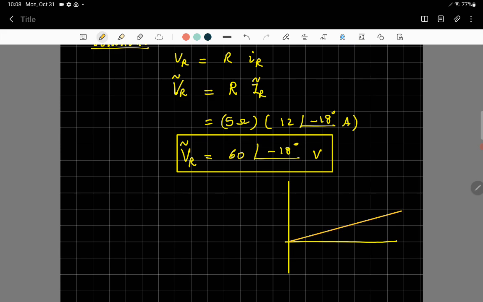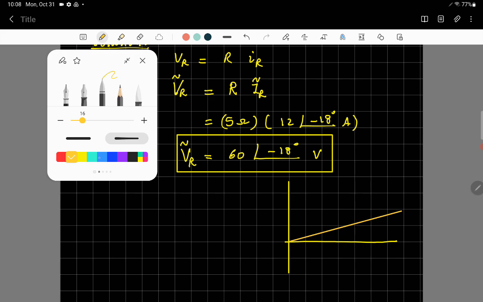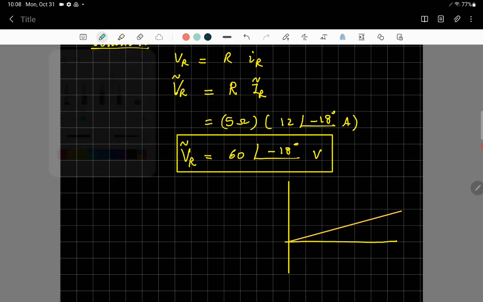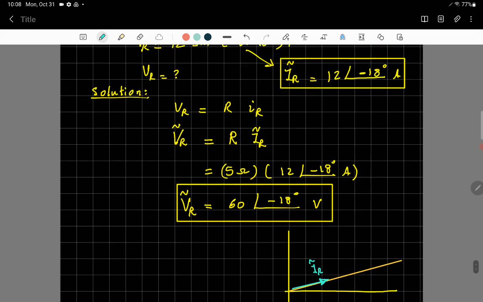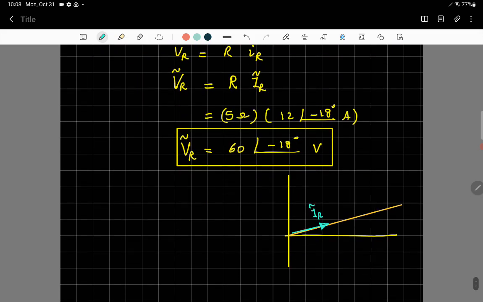This is the line where you'll find both. Let's say that that's the current, IR, which has a magnitude of 12 and angle negative 18. The voltage, on the other hand, the magnitude is 60, but at the same angle, negative 18.